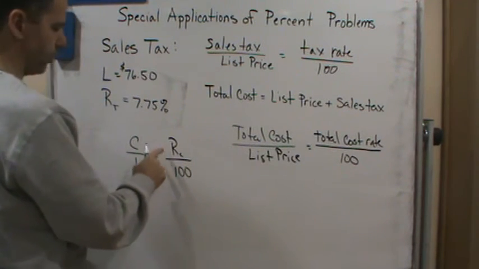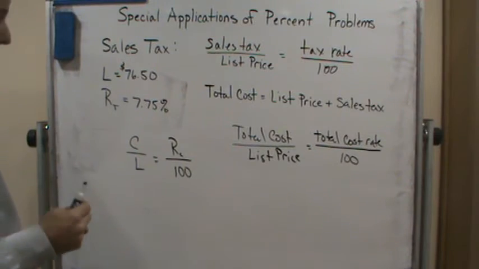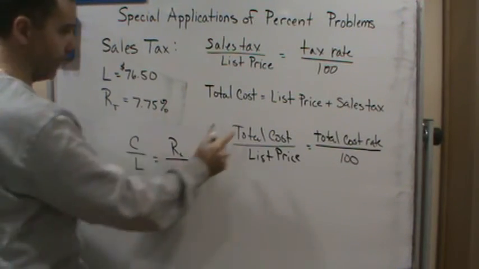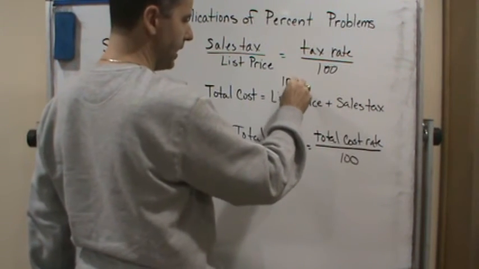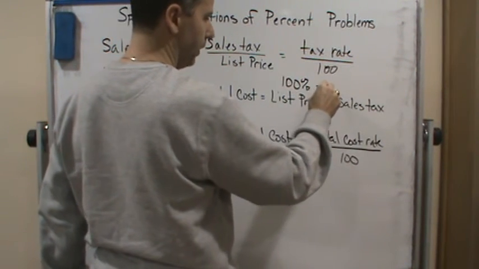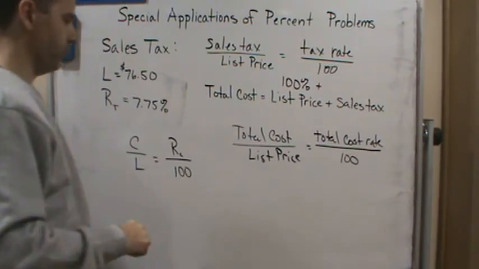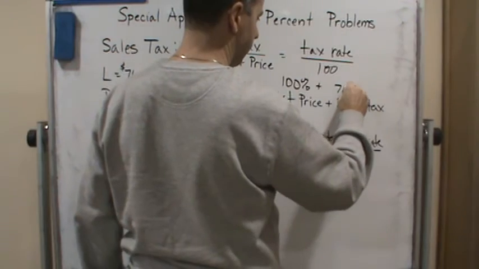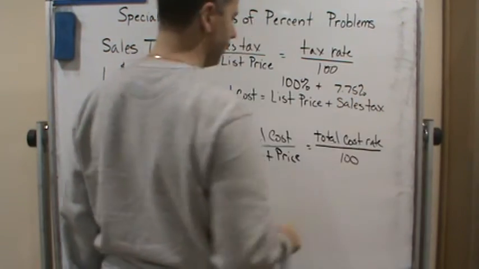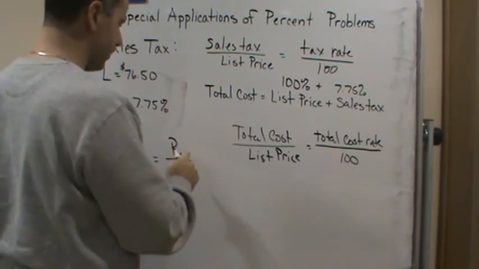Now what's this rate going to be? Well, in this case, it's going to be the list price plus the sales tax. So it's going to be 100% of this plus the percentage of the sales tax, which is 7.75%.